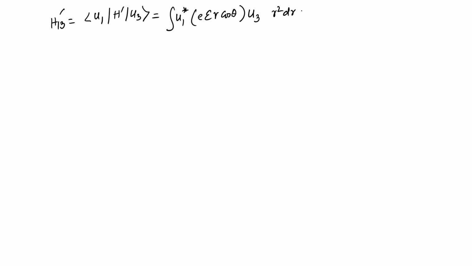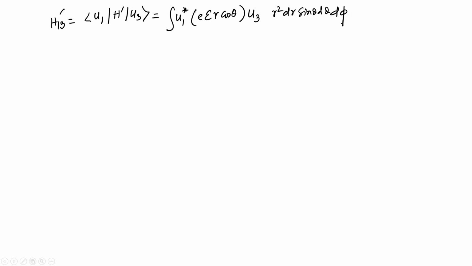If you see H13 prime, which means nothing but U1 star H prime U3, which is my E R cosine theta, U3, and then R squared dr sine theta d theta and d phi.